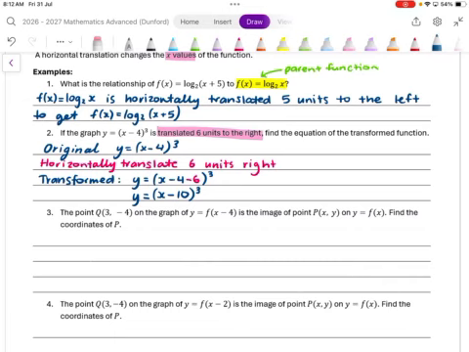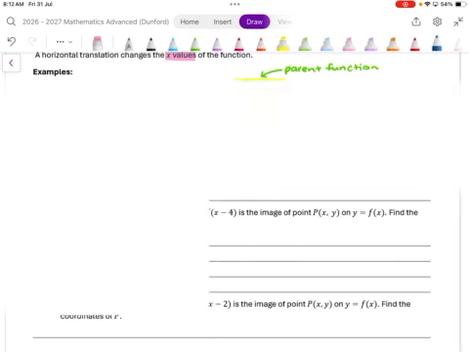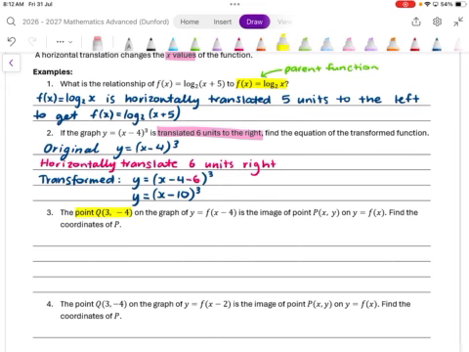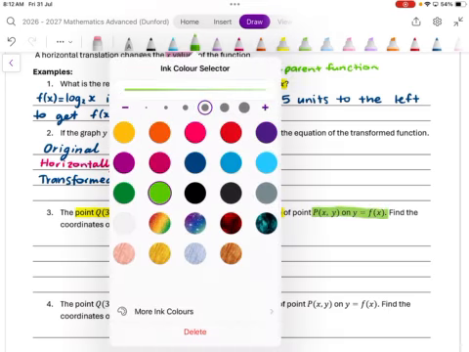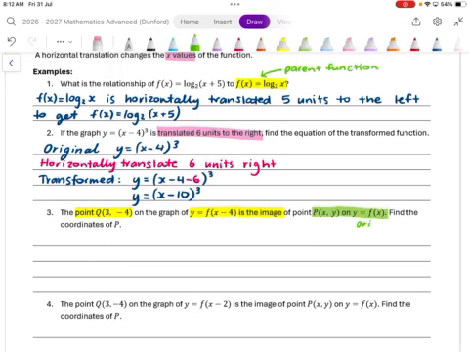We want to find the coordinates of P. So this point Q is the image, on our graph of y equals f of x minus 4. And what we're trying to find is the point P on our original graph. So this one here is our original. This one here is our transformed.